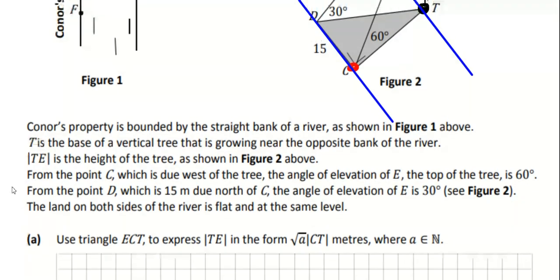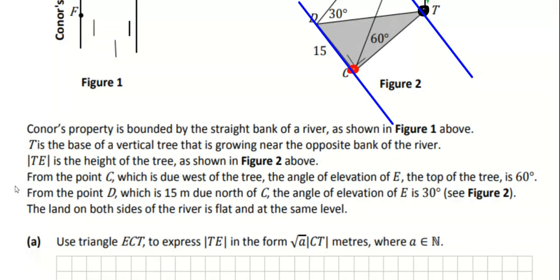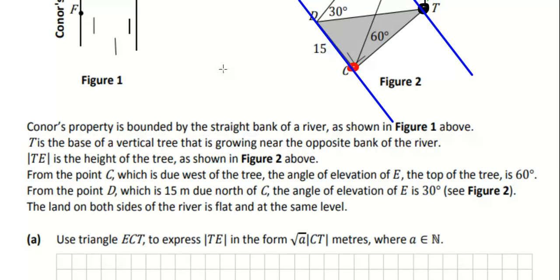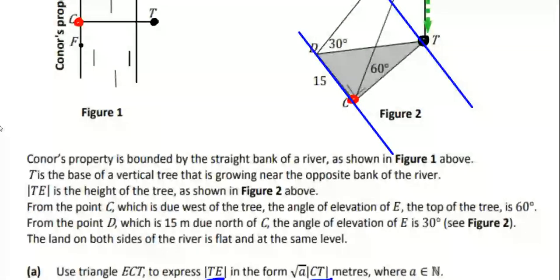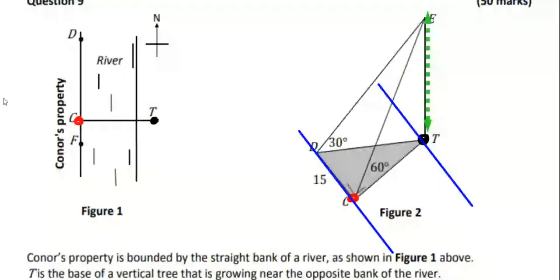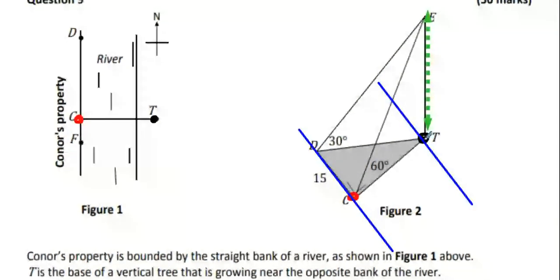Okay, now, what we're basically comparing is TE compared to CT, and we're using the triangle ECT. ECT is a right angle triangle. So I'm just going to draw ECT right here, in dotted black.